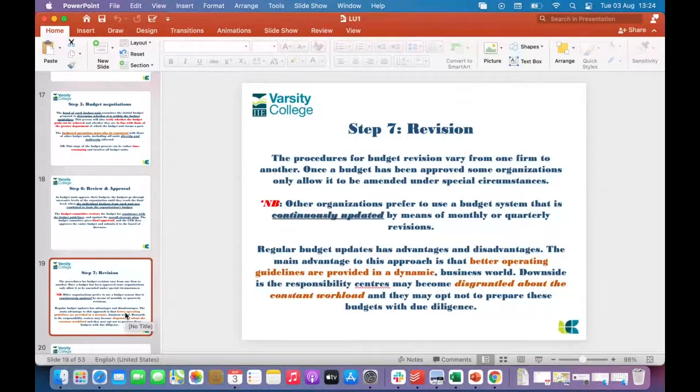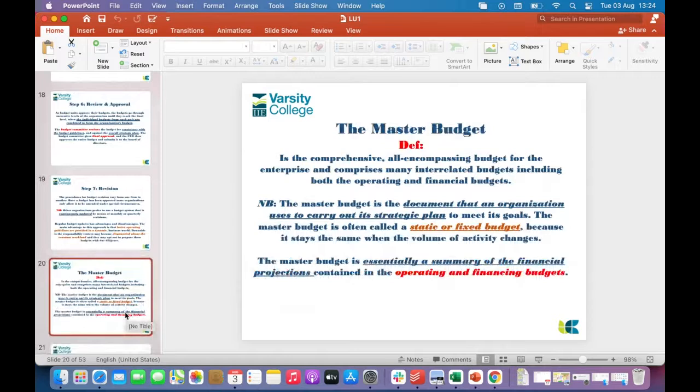Here we're talking about continuous updates by means of monthly and quarterly revisions. Things change. We can't keep the same budget when things have changed. I think we've spoken to that already, so we need to be dynamic and be able to adapt. But let's go on.